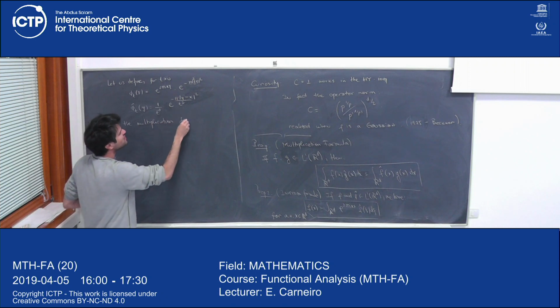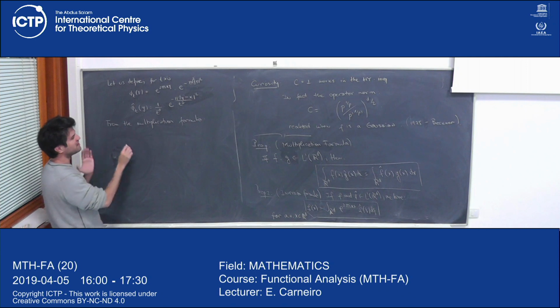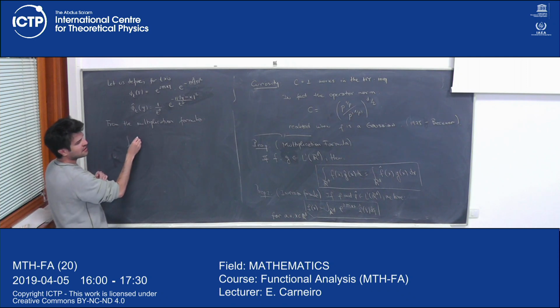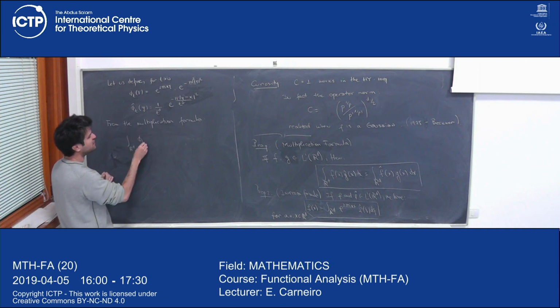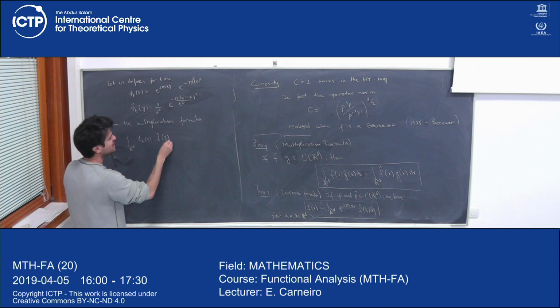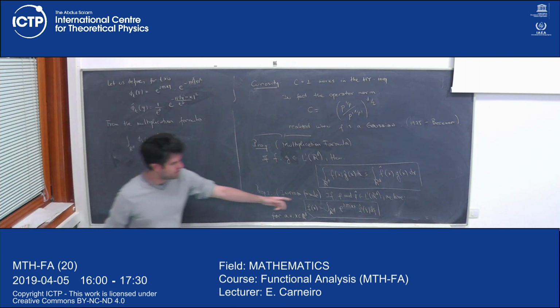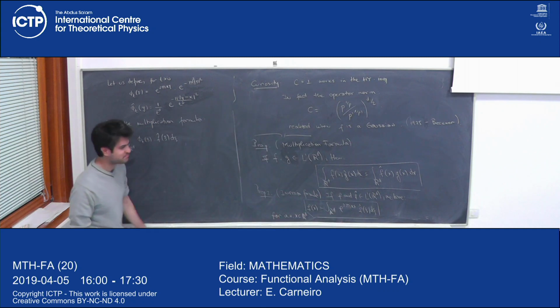So from the multiplication formula, now I can apply it like this. I can apply the integral in R^d. I have phi t of c, f hat of c. Now I have no problem. f hat is integrable by hypothesis.